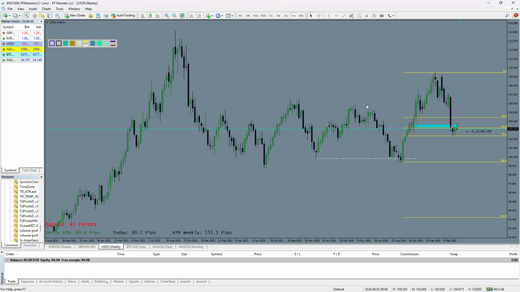We took out this high and this high, reached some level of supply, if you want to call it supply, and then dropped. Resistance, bullish order block, whatever you want to say. The name doesn't matter.